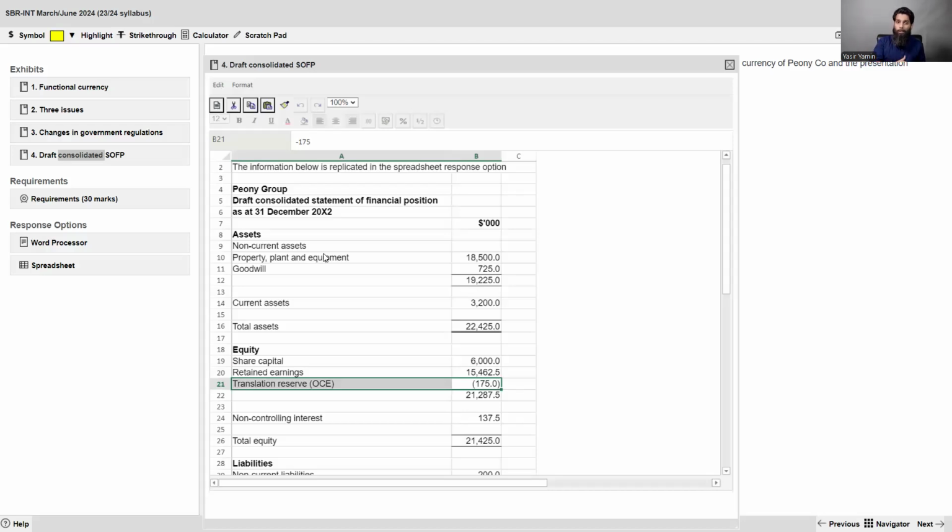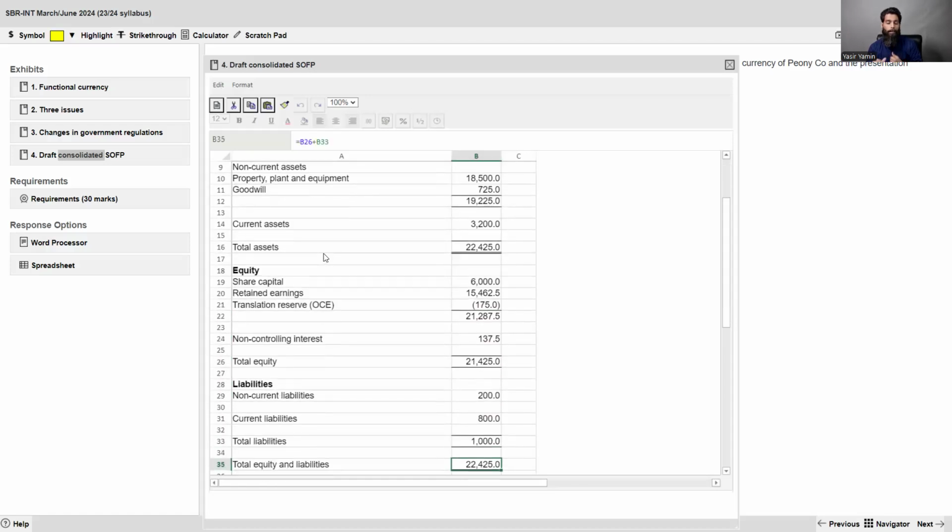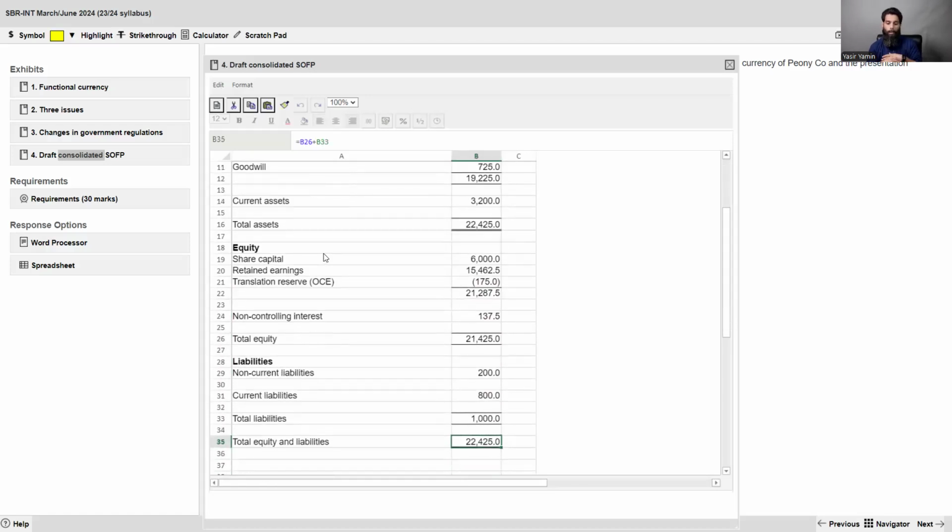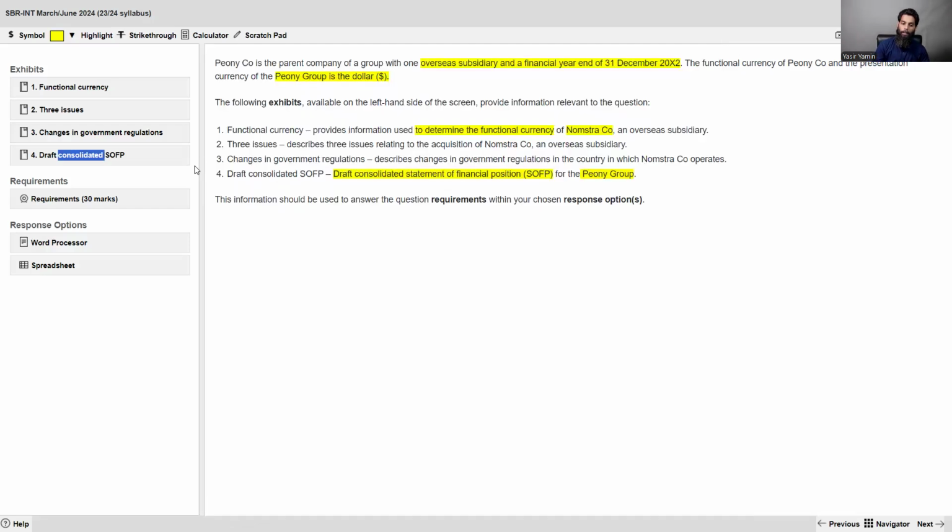So the translation exchange gains or losses that primarily arose on the working of goodwill or on the working of net assets, some way or the other, these have been calculated and accommodated by the examiner. Then there is NCI, then there are liabilities, and then there are total group equities and liabilities of 22425. Makes sense? So at least some part of it, the examiner has already done.